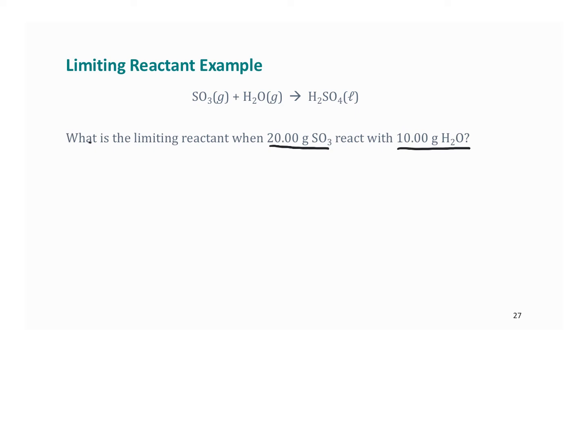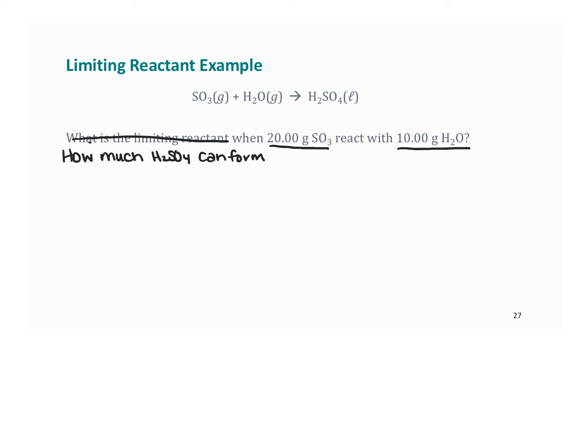It's asking you what the limiting reactant is, but sometimes it's going to say, right, how much H2SO4 can form when 20 grams of SO3 reacts with 10 grams of H2O.